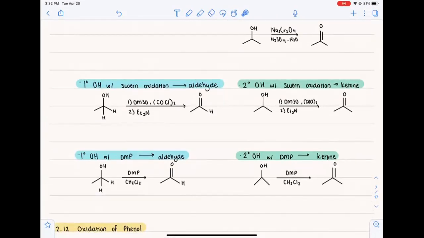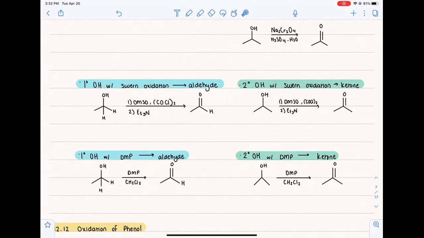Primary alcohol with Swern oxidation, which is DMSO, oxalyl chloride COCl2, and then triethylamine, gives us an aldehyde. And then secondary alcohol with Swern oxidation gives us a ketone. Is anybody picking up a pattern here? Kind of.